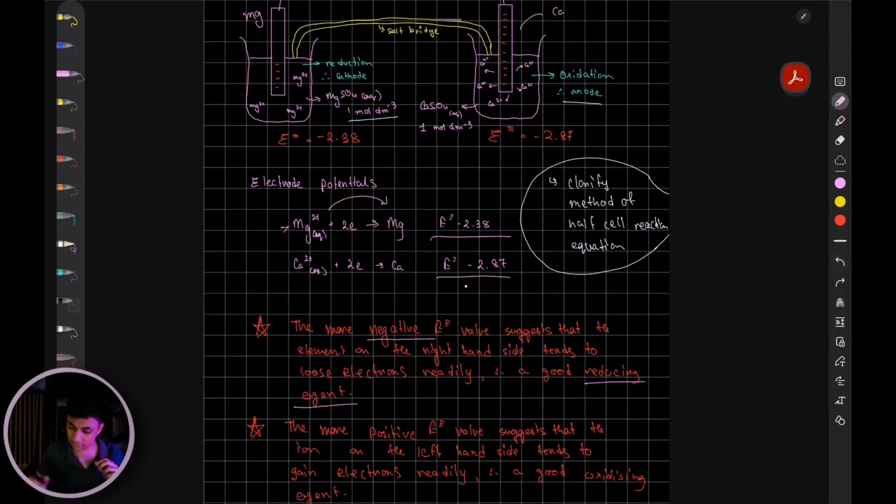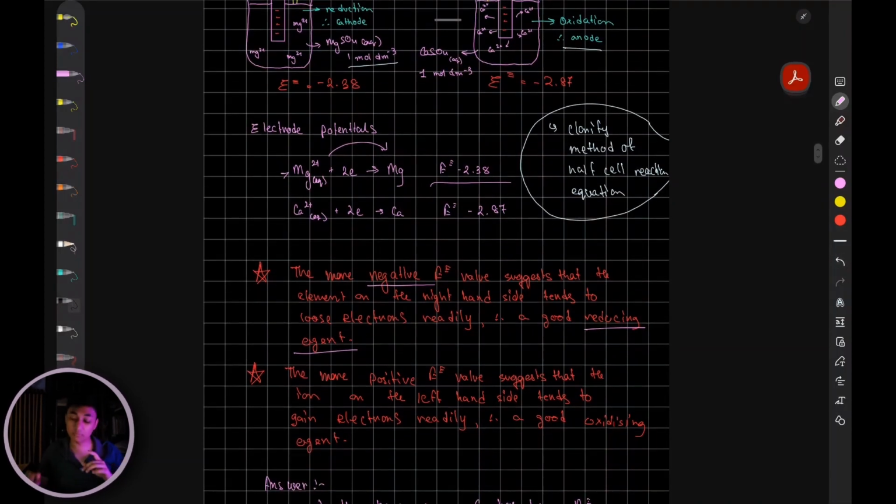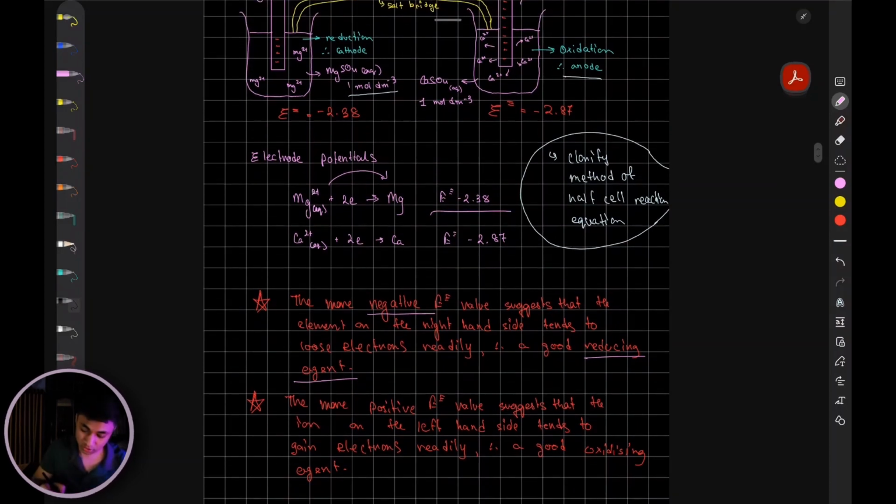Quite oppositely, in case of a more positive electrode potential value, it suggests that the ion on the left-hand side tends to gain electrons more readily. Therefore, a good oxidizing agent. Your species on the left-hand side is going to gain electrons readily, right?